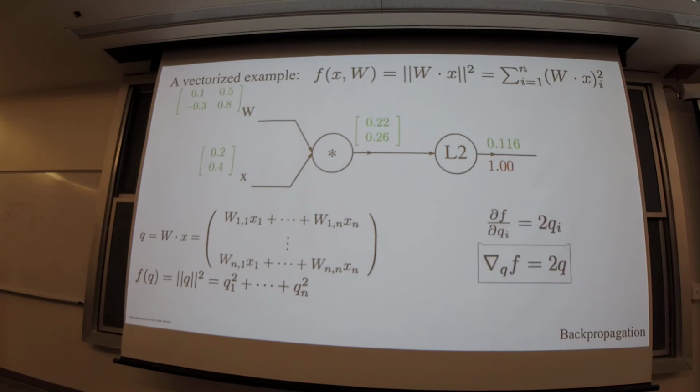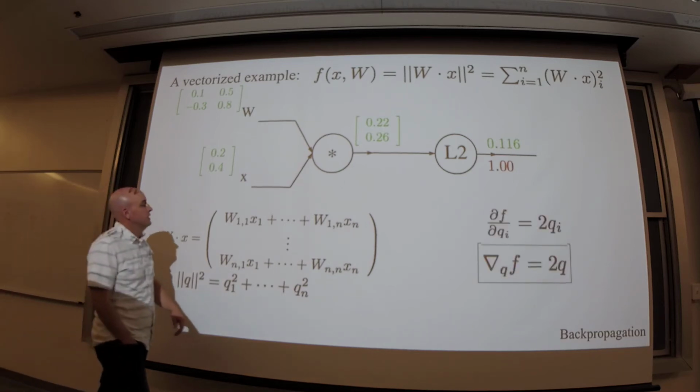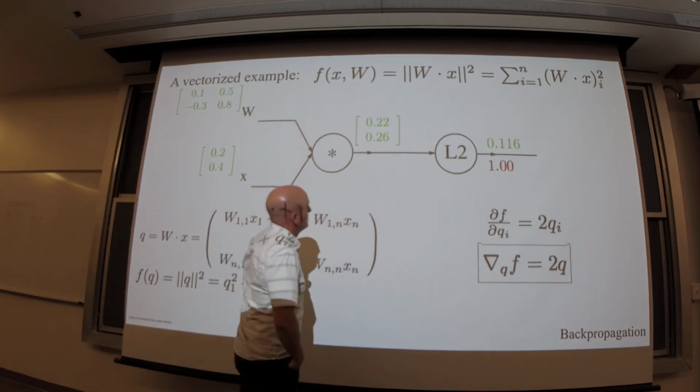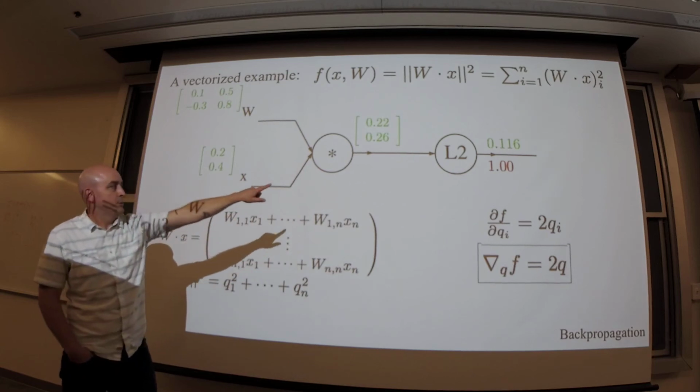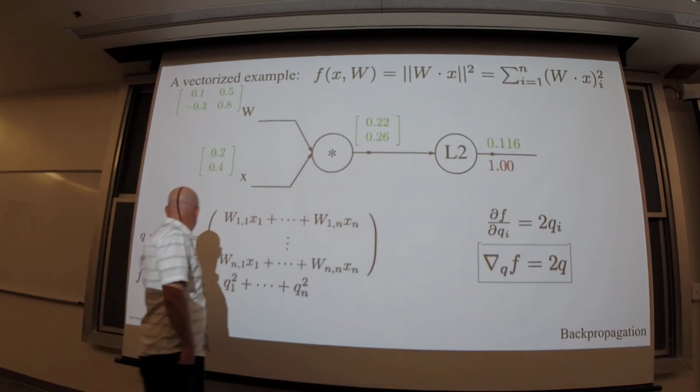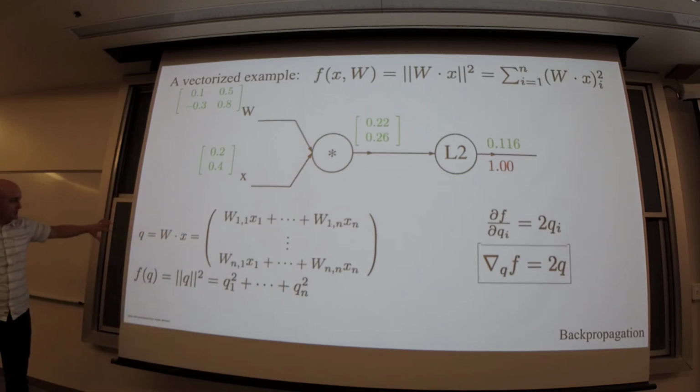So we need to know the partial of the output of this with respect to these two inputs. We gave names to things over here.